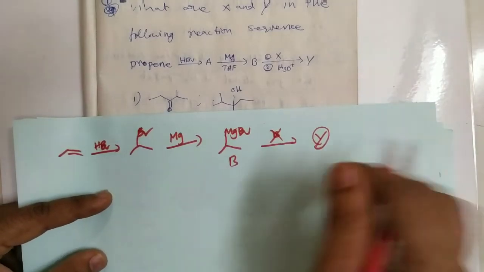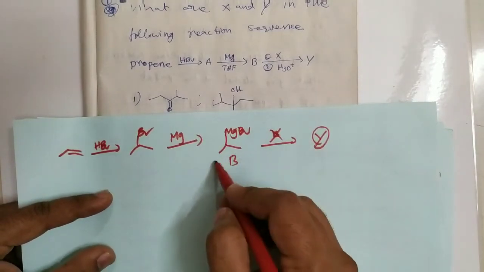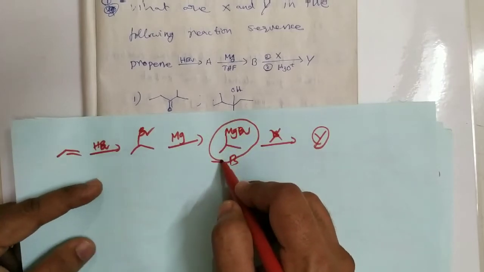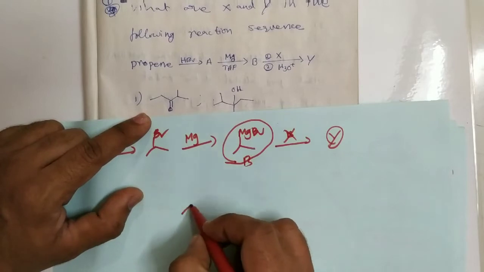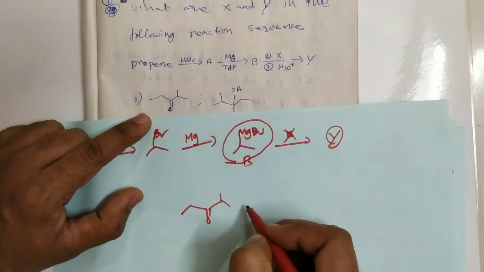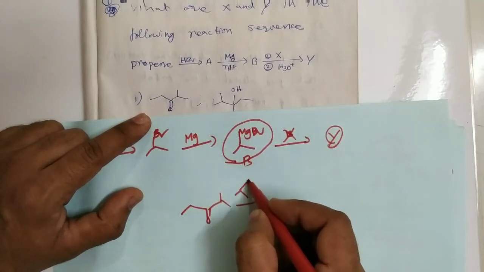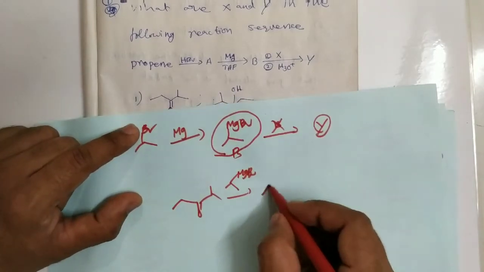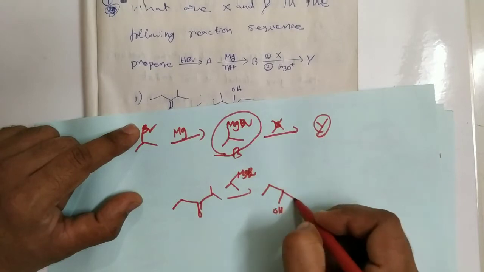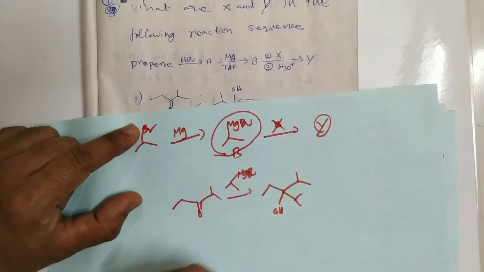So here this is the Grignard reagent. If this Grignard reagent is added to this compound, that means to the C=O ketone, this isopropyl group is added, and then the product has OH, an isopropyl group, and another isopropyl group.